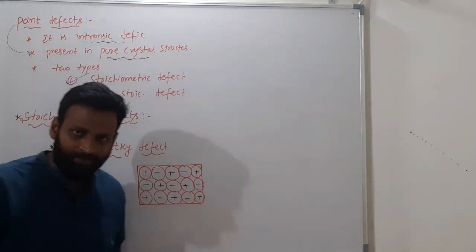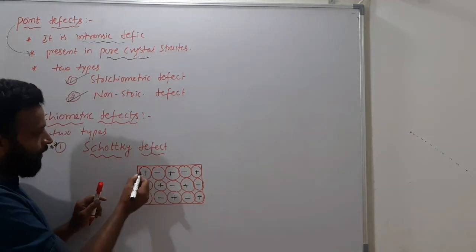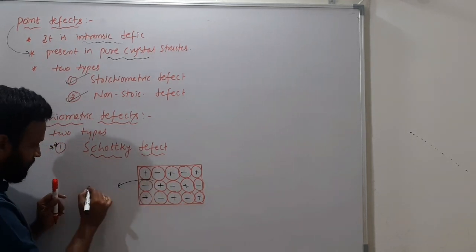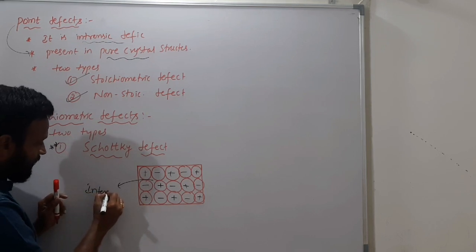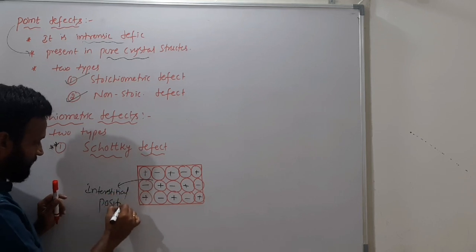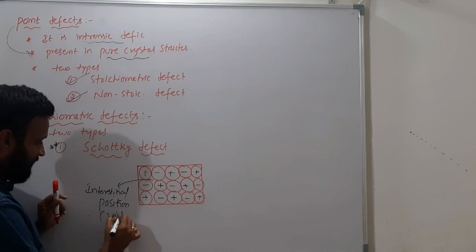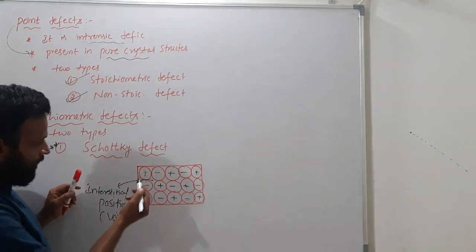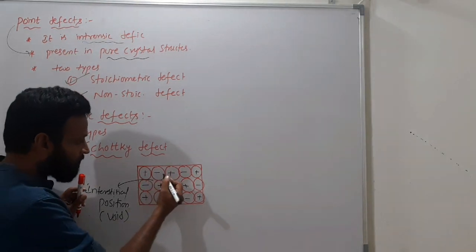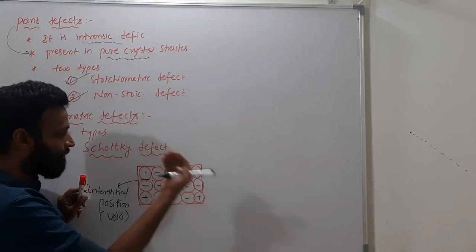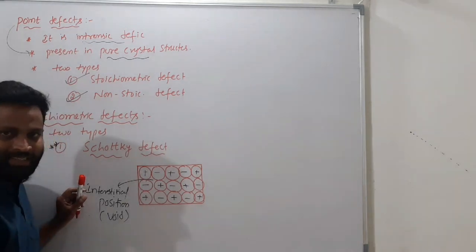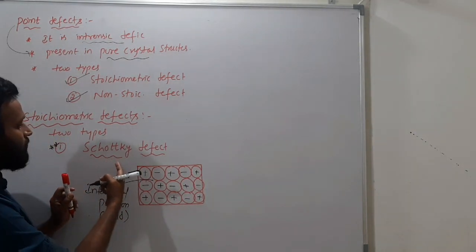It's a perfect crystal because no ion is missing. No ion is in an interstitial position. This is called the interstitial position, which we called a void in the previous discussion. No ion occupied an interstitial position and no ion completely escaped from the crystal lattice. That is called a perfect crystal.